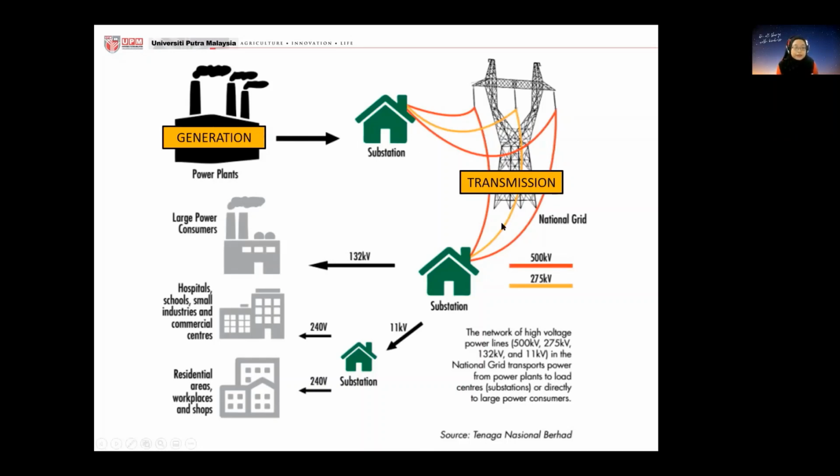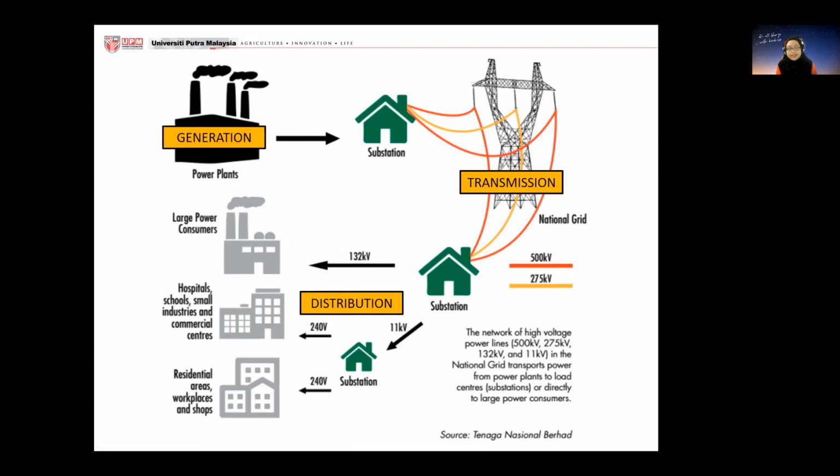When it is transported to a specific location, and it reaches near the targeted users, it's going to undergo distribution. So basically distribution and transmission are quite similar in theory.